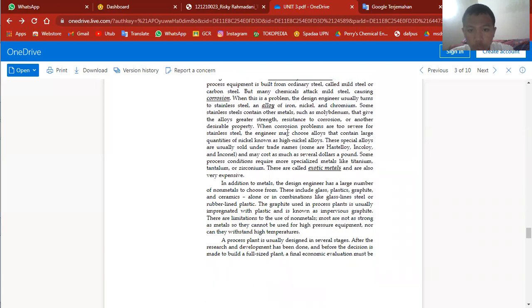When corrosion problems are too severe for stainless steel, the engineer may choose alloys that contain large quantities of nickel, known as high nickel alloys. These special alloys are usually sold under trade names.